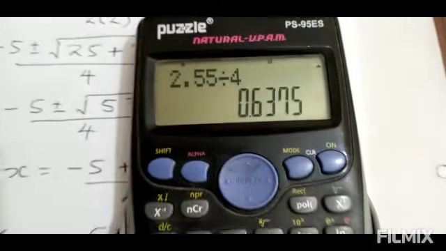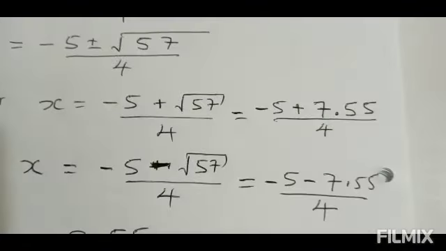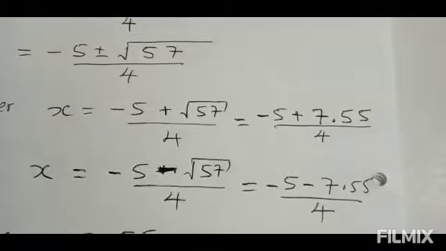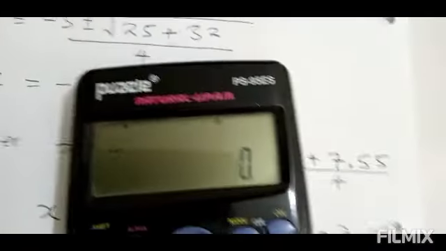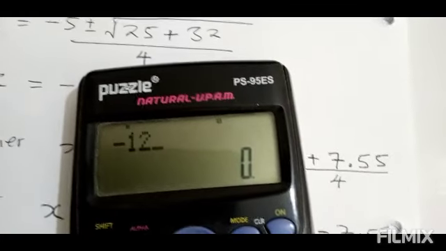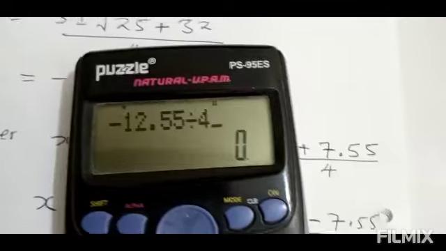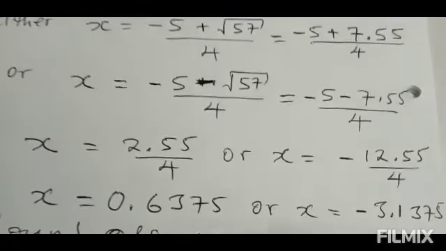So we get 0.6375 as the first value of x, or minus 12.55 over 4, which is minus 3.1375. So now these are the values we get.